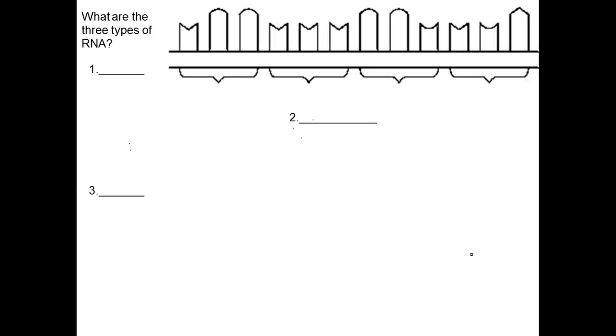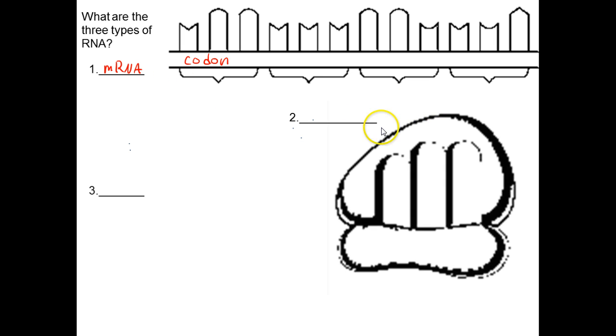So our three key RNAs that will play a major role in transcription and translation, first is mRNA. So this is mRNA, and here we represent these nitrogen bases, and each three nitrogen bases represents what we call a codon. Okay, and the second RNA, here in the shape of a hamburger, is our ribosomal RNA.